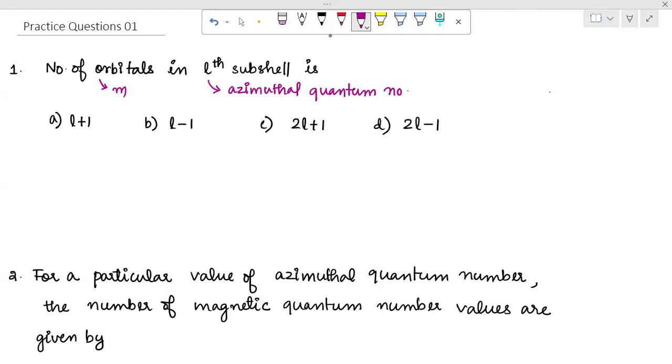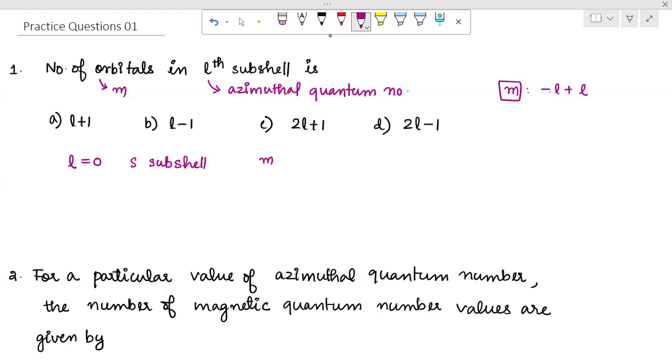So let's say that our L value is equal to 0, which corresponds to S subshell, right? And when you have S subshell, you know that the possible values of M lie from minus L to plus L. L can take minus L to plus L for the magnetic quantum number that corresponds to the number of orbitals, right?